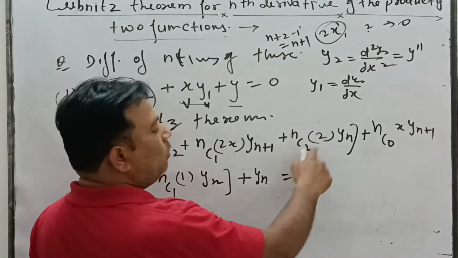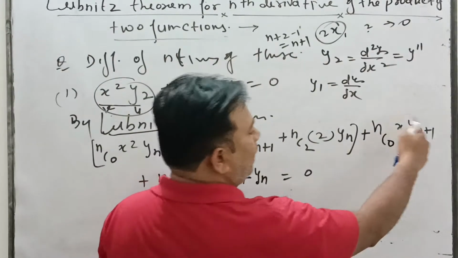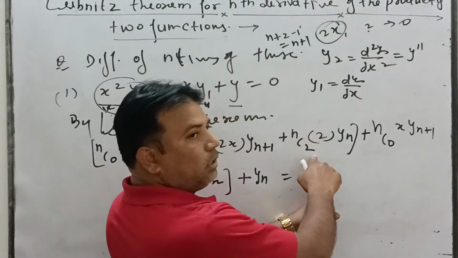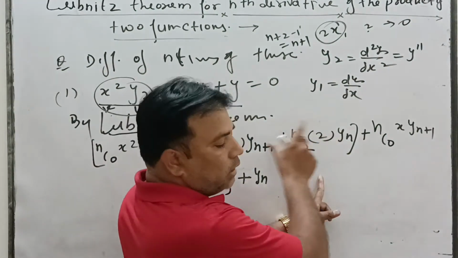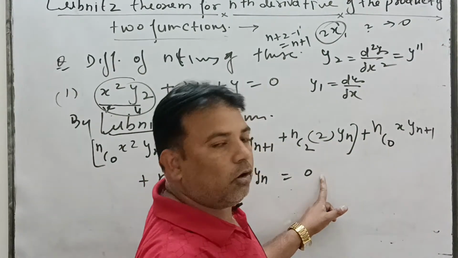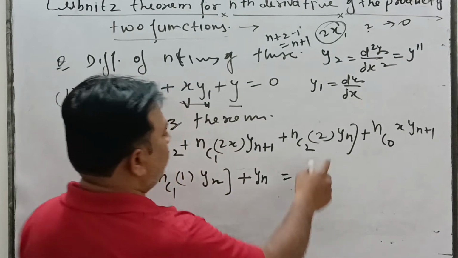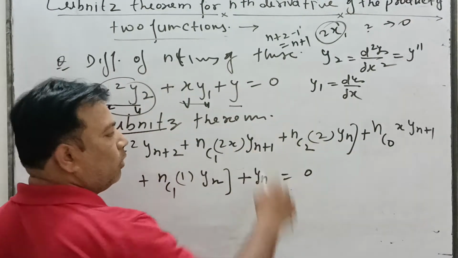Then nC2, differentiation of 2x is 2, times yn. Next nC3, differentiation of 2 is 0, multiplied by 0, so this term is completely 0. All further terms will be 0, so we finish the differentiation of this term.